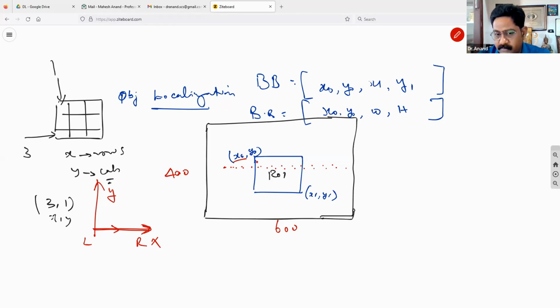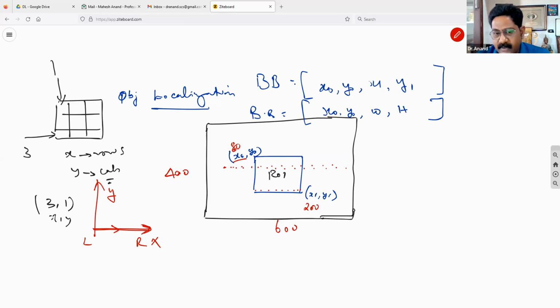What is the occupancy of this object? Say totally it is 400 rows and 600 columns. Let us assume this x0 is the starting column, maybe the 80th column, and it goes up to column number 200.